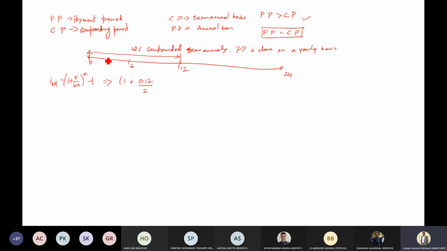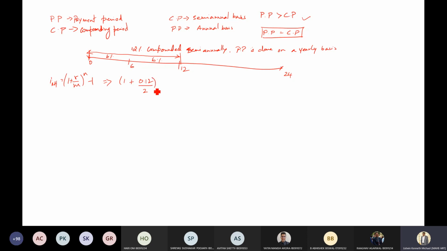That means your interest rate for 6 months will be 6%. The interest rate applicable for every 6 months is 6%. So the nominal interest rate is 12% compounded semi-annually, but the interest rate is 6% every 6 months.